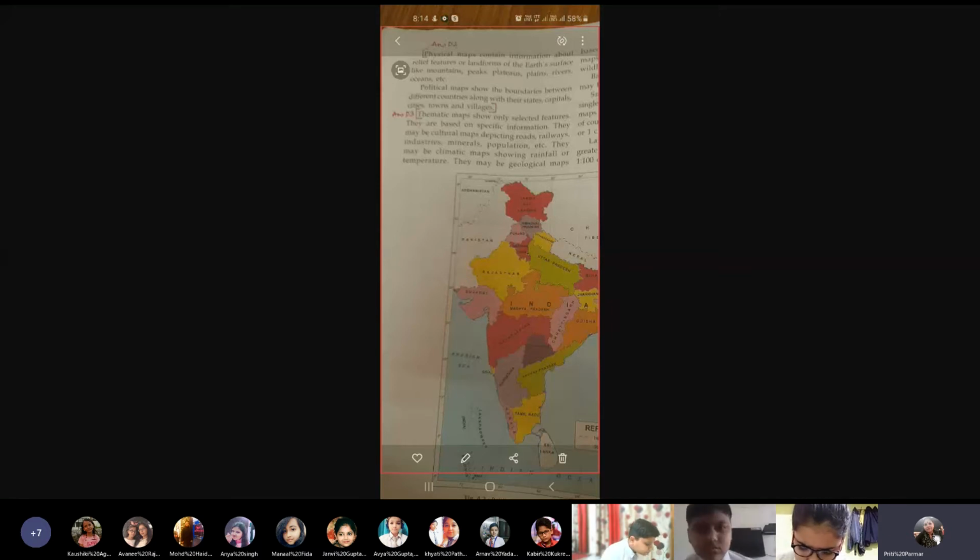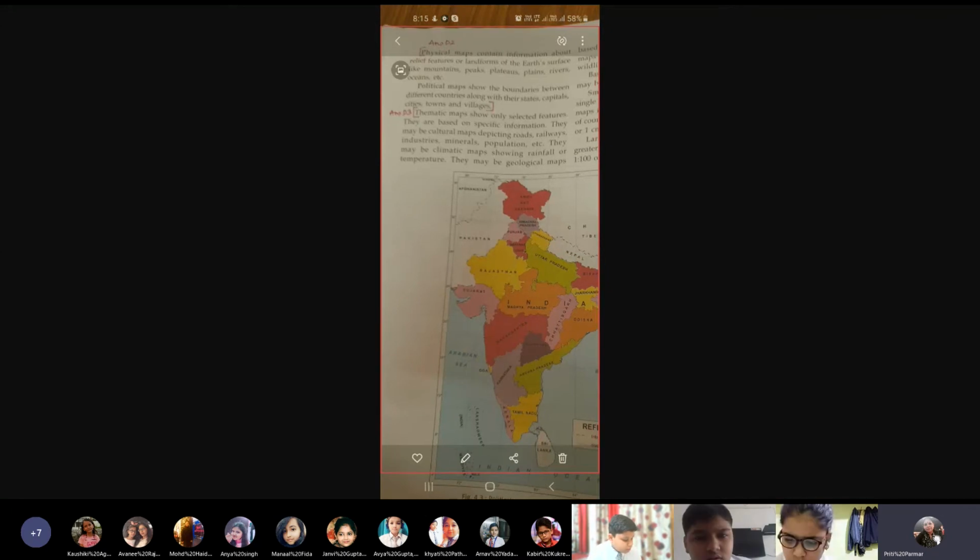They may be cultural maps depicting roads, railways, industries, minerals, populations, etc. They may be climatic maps showing rainfall or temperature. They may be geographical maps based on types of rocks and their age.